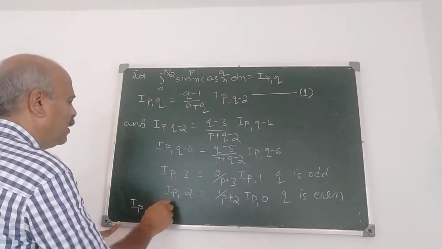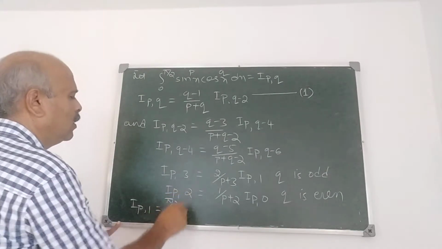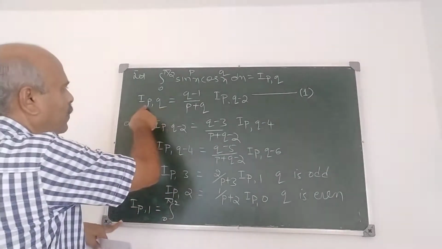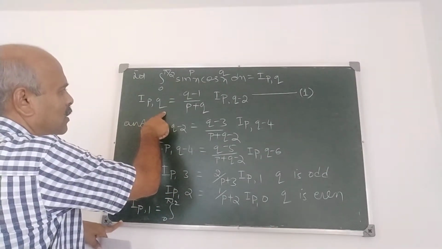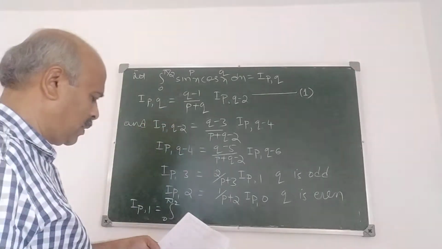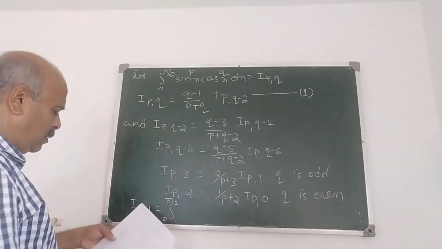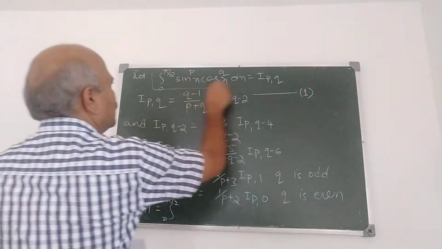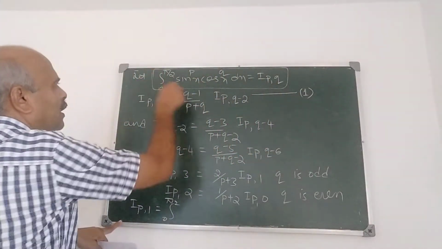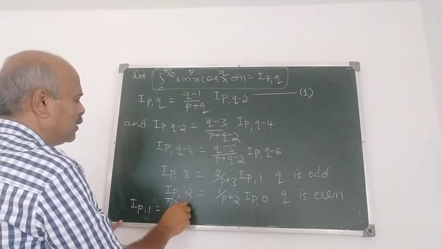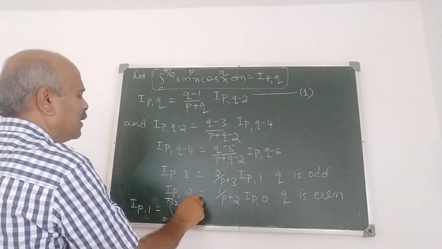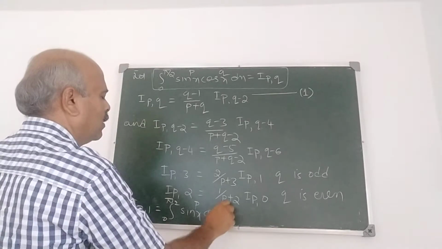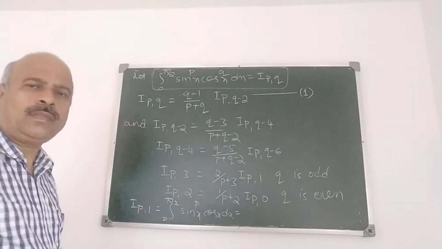I(p, 1) is the integral from 0 to pi by 2. What do you mean by I(p, 1)? I(p, q) is this, so I(p, 1) is the integral from 0 to pi by 2 of sin x raised to p cos x dx.